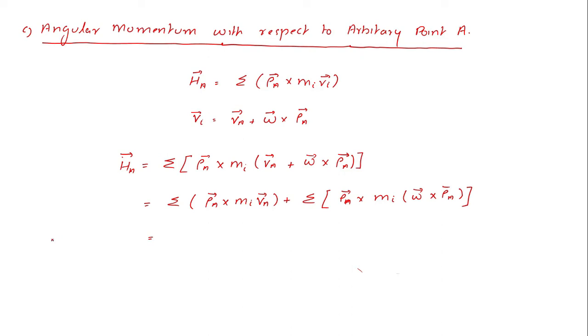If I express this in terms of integration rather than summation, I get HA equals integral rho A dm cross vA vector plus integral rho A cross omega vector cross rho A vector into dm. I changed mi into dm and shifted vA to this part because vA is a constant and hence it is not affected by this integration.